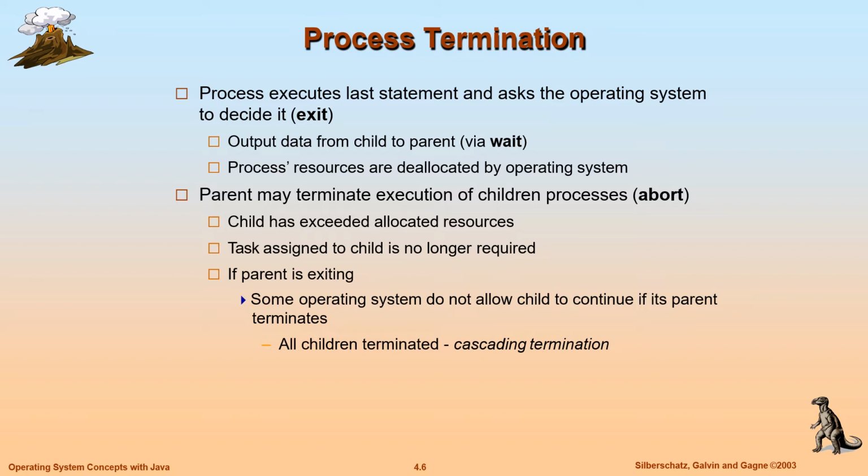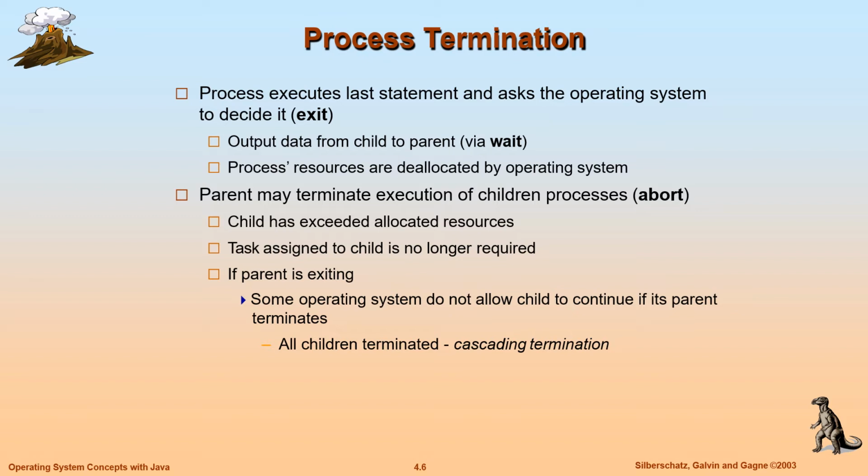Second, the task assigned to the child is no longer required. The third one, the parent is exiting, and the operating system does not allow a child to continue if its parent terminates. Because of these three reasons, a parent may terminate its children.